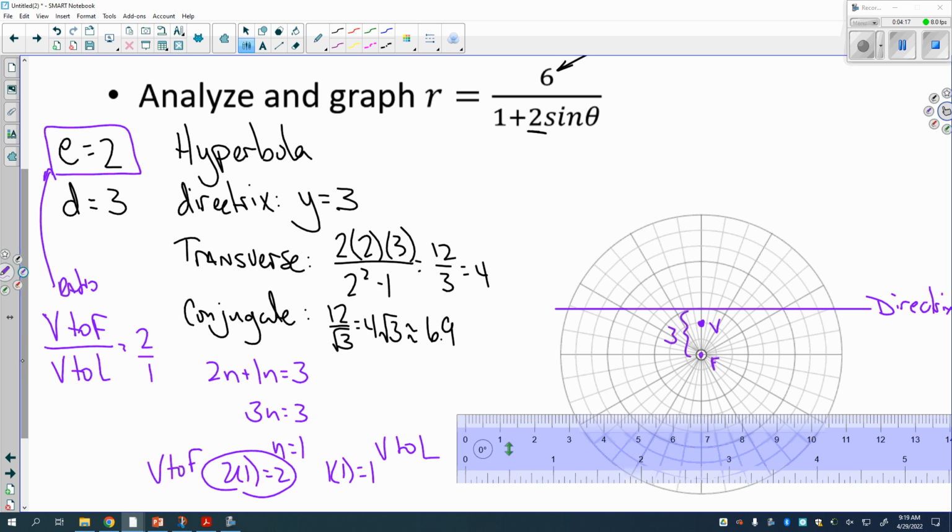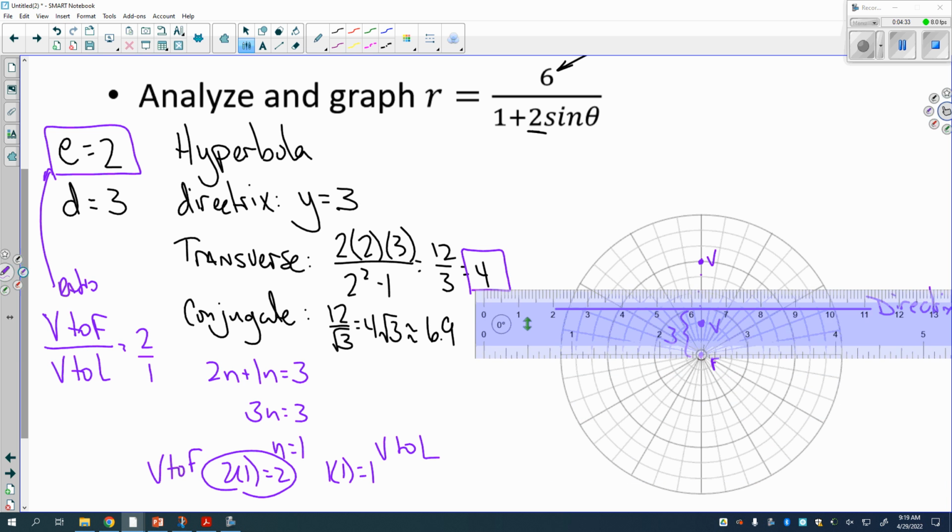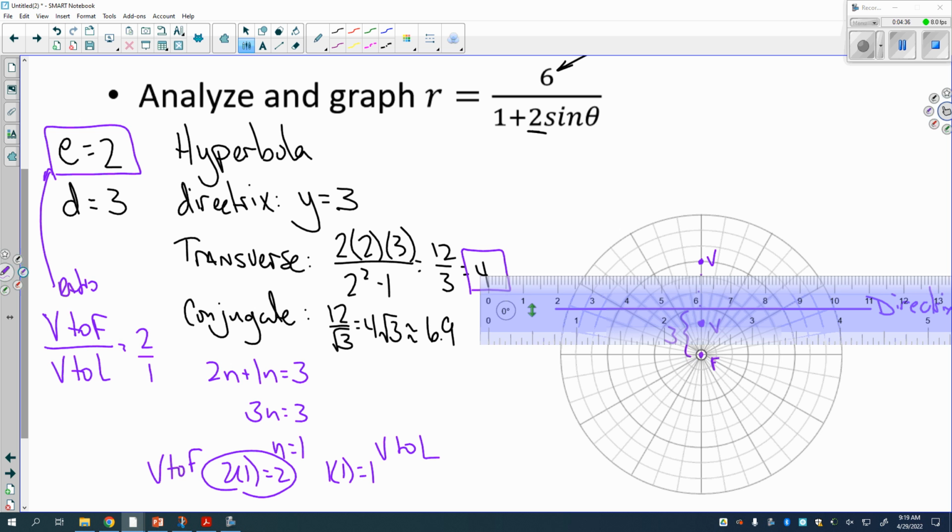Now everything I've got, I can just count. Transverse axis, that's vertex to vertex, is 4. So if I know where this first vertex is, I can count 1, 2, 3, 4. There's my second vertex. My second directrix is 1 away from that. It's right here.